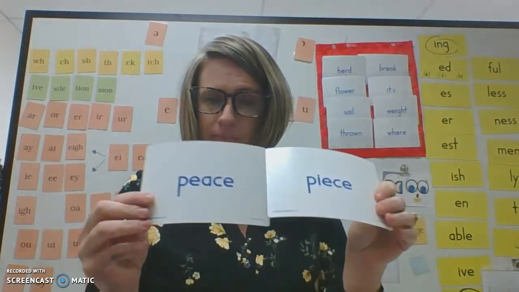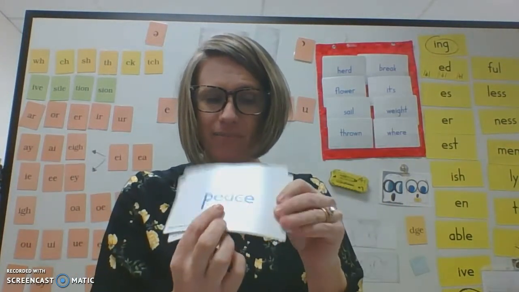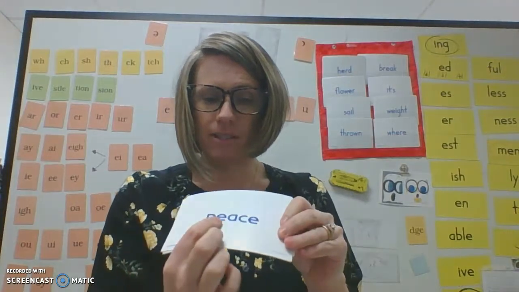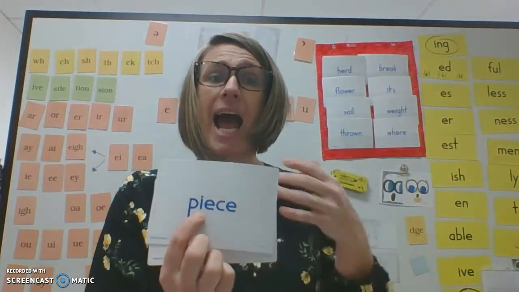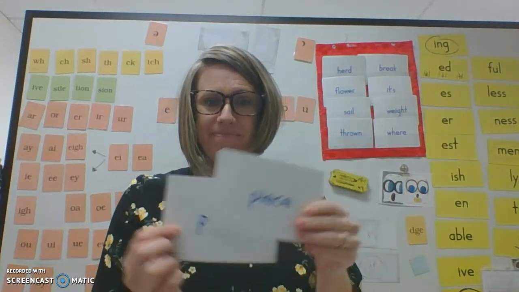Notice this one has I-E in it. And then the C has an E after it to make it say S. And this one has the E-A to make it say E and the E after it. So the difference is the vowels. E-A is the one that's calm, and I-E is the one that's like a little part of it. You could think of it because there's an I in it. I want a piece of cake.